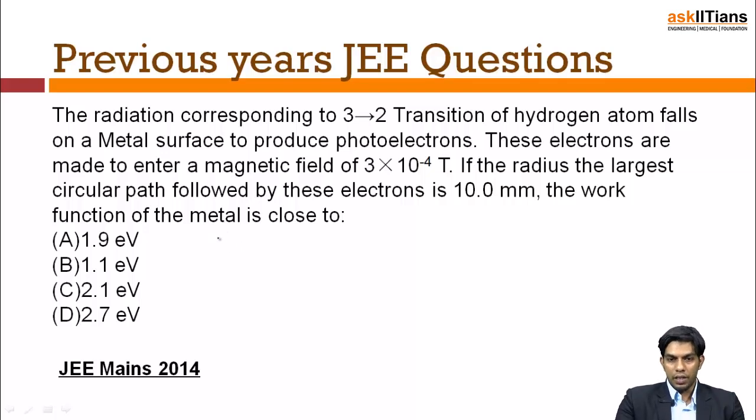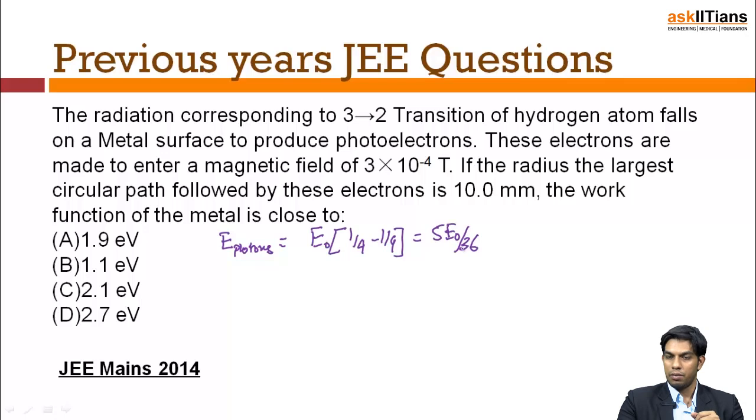I know that the energy which is let out is equal to the energy emitted by the photon. So I'm actually trickling down from top to bottom. The energy of the photons is equal to E naught, where E naught is the ground state energy 13.6 electron volt, times 1 by 4 minus 1 by 9. This comes out to be 5 E naught by 36.